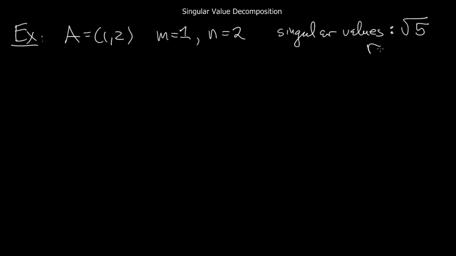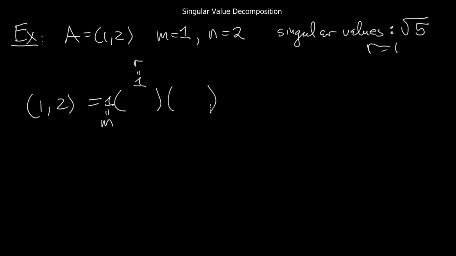So I want to write the matrix 1, 2 as what? Let's see. Well, the matrix P is supposed to be M by R, which is to say 1 by 1. And this matrix in the middle is the diagonal matrix radical 5.